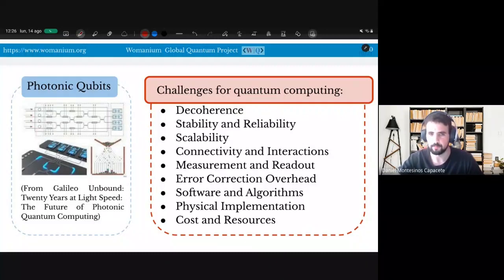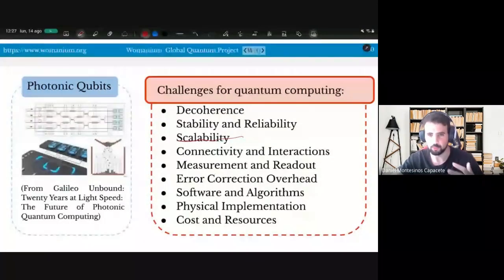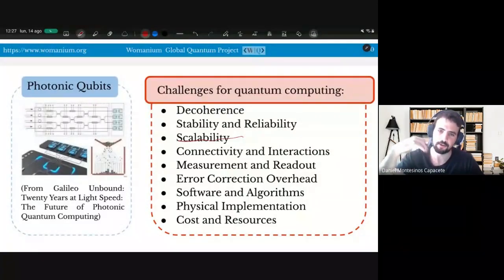There is something called decoherence, which is just that you lose the information while doing computation. Then there is the stability of your qubits, and scalability. Scalability is related to the fact that you need a lot of qubits in order to have a useful computer, and there is not yet a quantum computer that has all the power of quantum computing, in the sense that it cannot replace a classical computer.